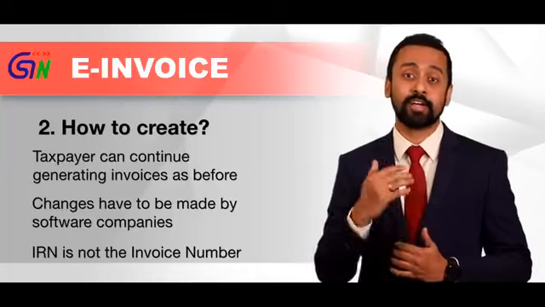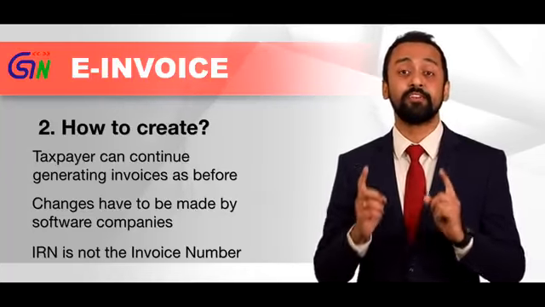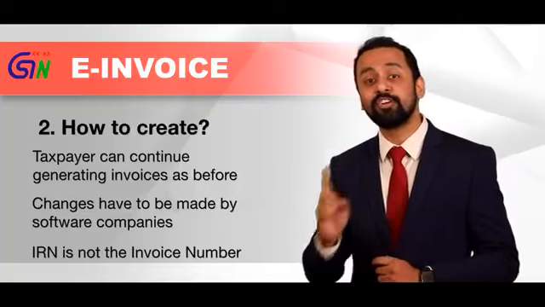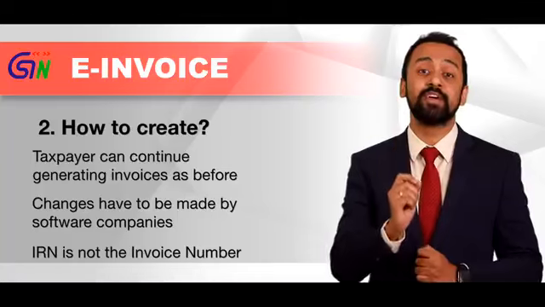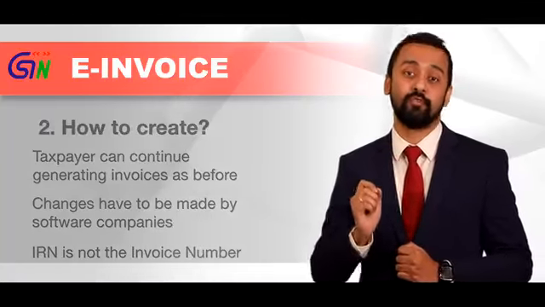To make the point more clear, let me clarify that invoice reference number is not the invoice number. The invoice number is the one that the taxpayer has mentioned while issuing the invoice.